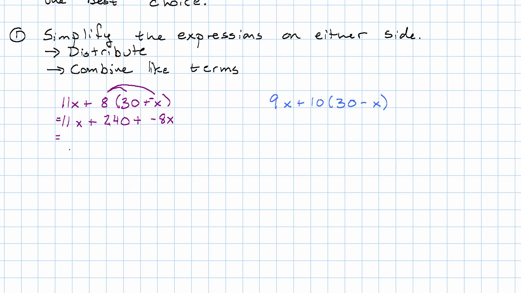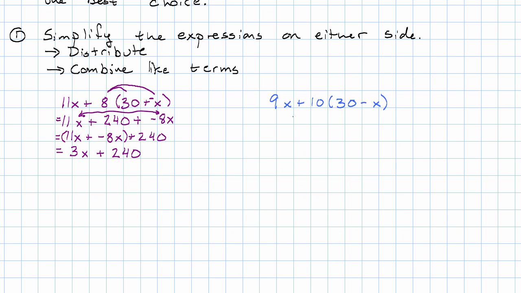And then I'll combine like terms. These two terms are like terms. 11x plus negative 8x plus 240. Adding those together, I get 3x plus 240.